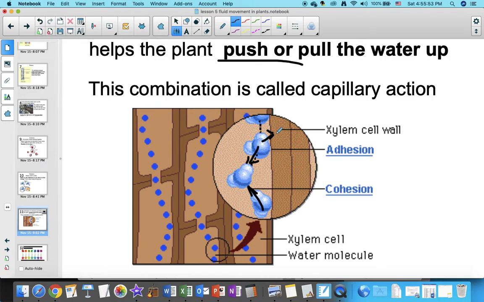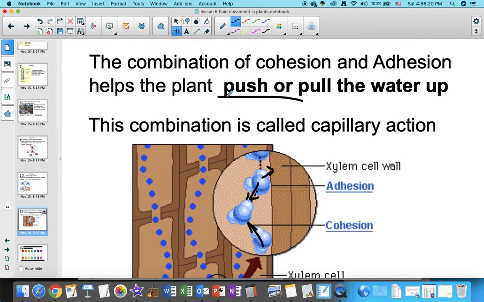So the water molecule gets attracted here, which pulls a water molecule up, which is also pushed by another molecule, right? Adhesion pulls water molecules to the side, cohesion pulls other water molecules together, and the buildup of water molecules causes the water to be pushed up. So we've got this push and pull effect that causes water to move up the plant.